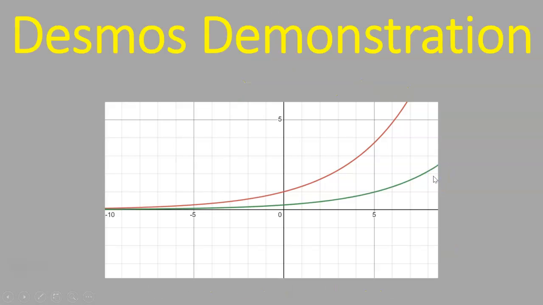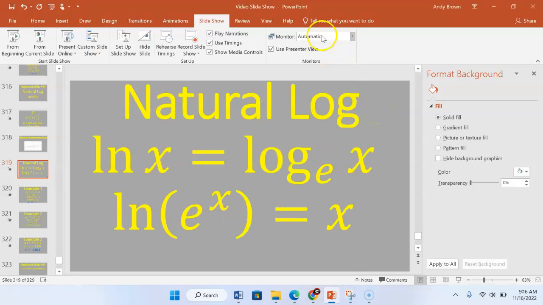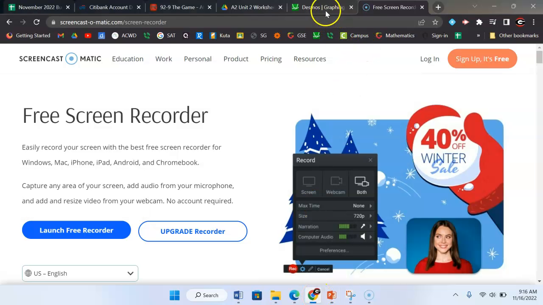I want to do a Desmos demonstration to show you what we're looking at. There's an exponential graph that you may recognize and a second exponential graph, and what we want here are for these two graphs to meet, basically. So let's look at, I'm going to go off the slideshow here just to show you what I mean by this.